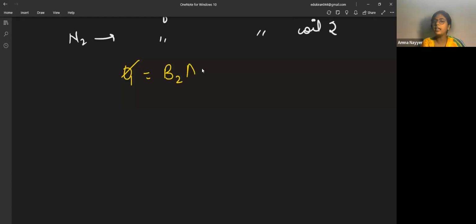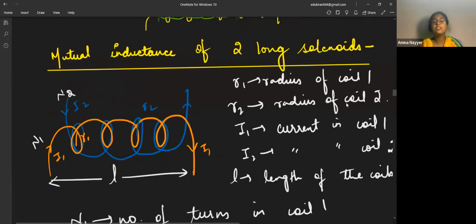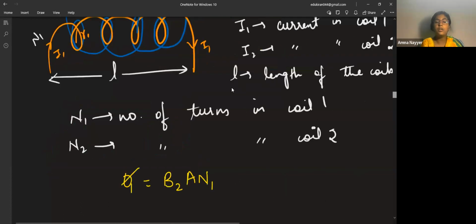Rest of it, area will be the same. We write now BA cos theta, magnetic flux. And here we have number of turns also, so we have to put the number of turns also as N1. N1, B2, A, phi 1, this is clear. Why B2? Because magnetic field is changing in the second one. That's what we are studying. And what is B2? B2 is for the second coil.